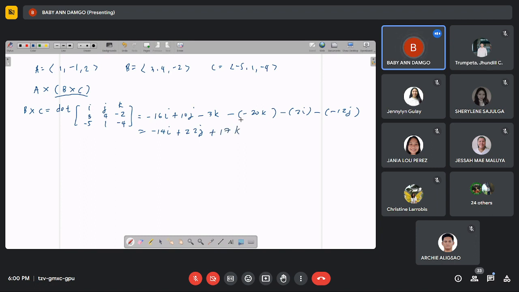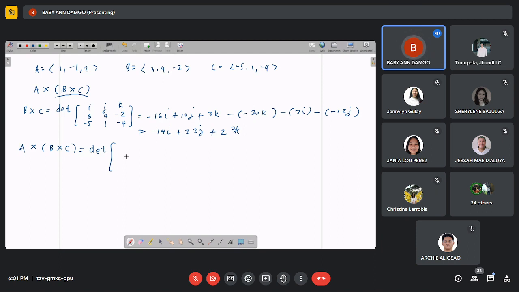So this is plus 23k. Okay, so for A cross B cross C, this is equal to the determinant.